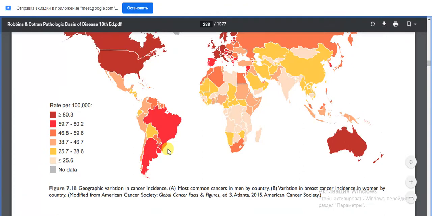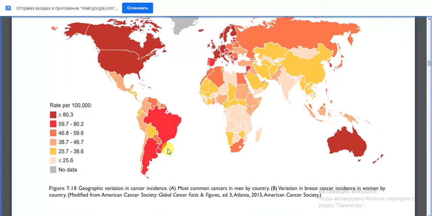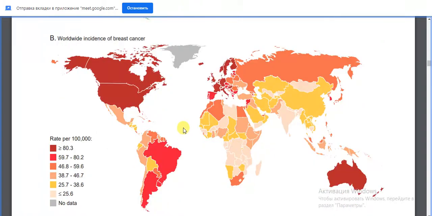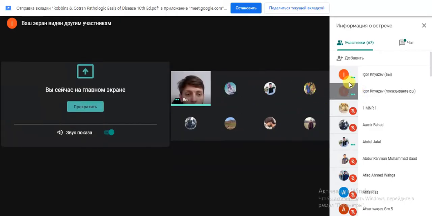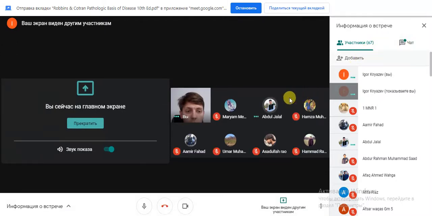So this is incidence of different cancers. Guys, what happened? Who's talking? Abdul Jalal, leave the meeting, please.